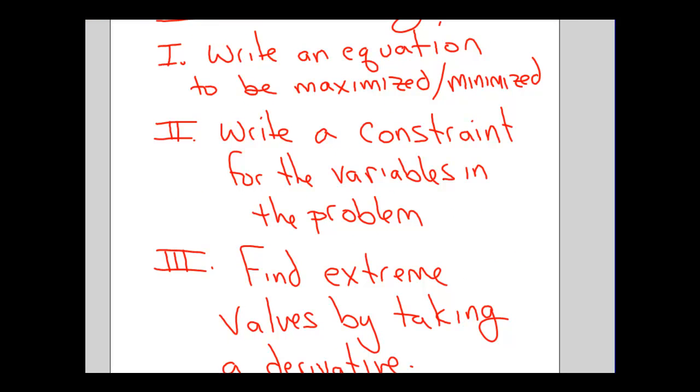So when we go through and follow these steps, we find that we can solve the problem and get the answer that we need. So let's take a look at an example.